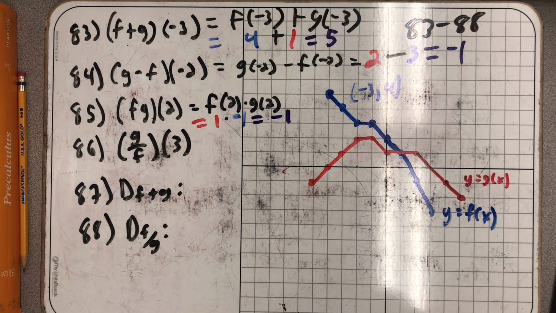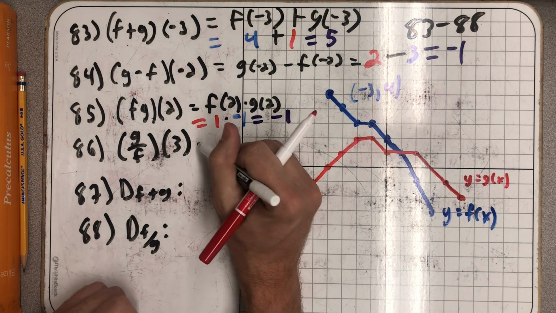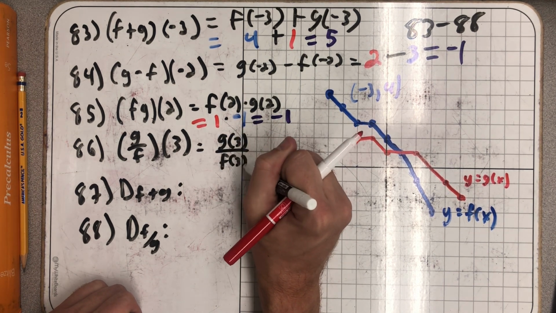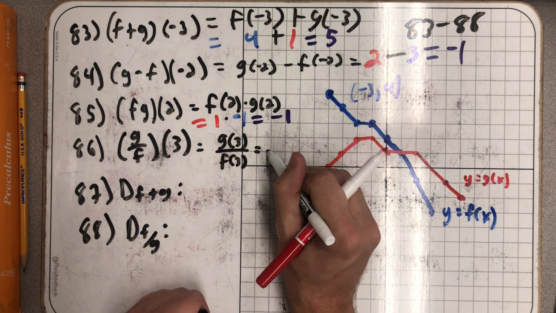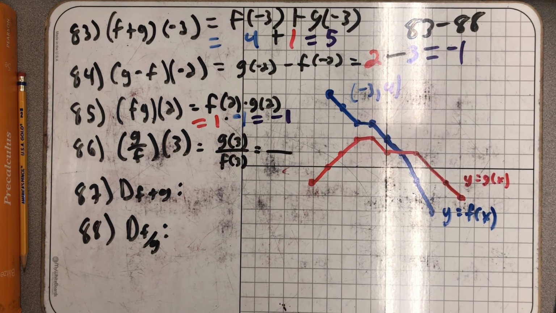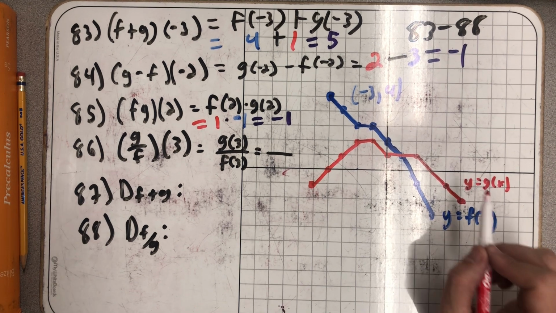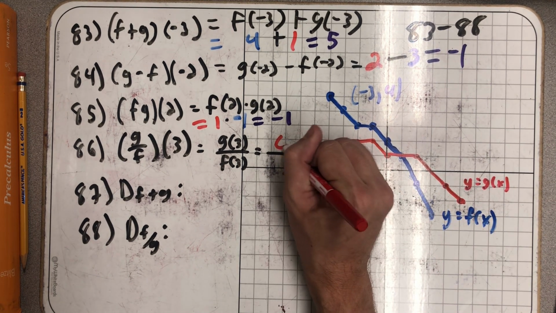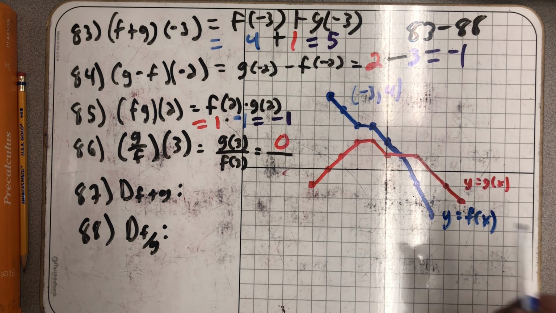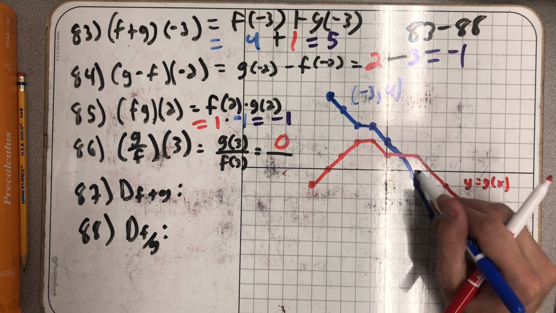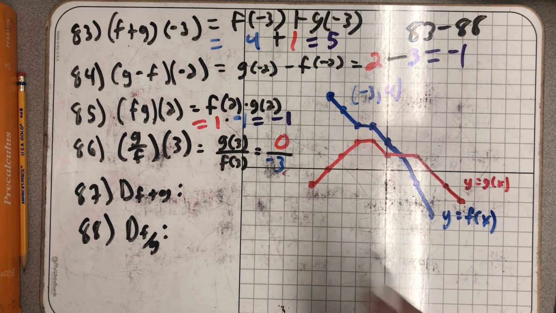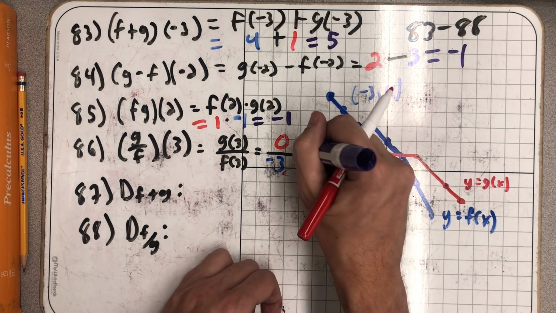Finally, I have g over f of 3. G of 3 over f of 3. G of 3, first up, well, g of 3 is 0. All right, f of 3 is minus 3. 0 divided by minus 3 is 0.